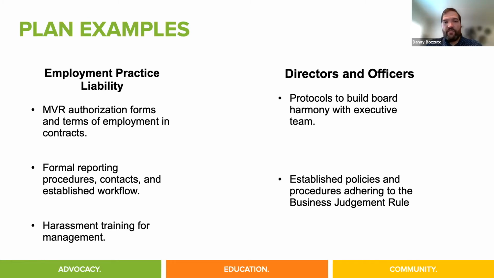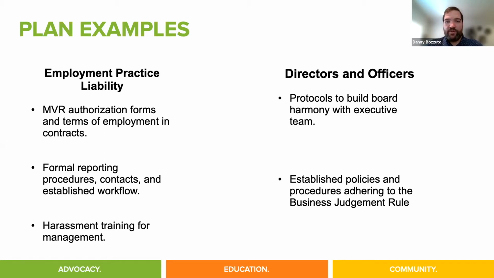On the directors and officers side, really what we stress, and I stress with my clients, is board harmony. And sometimes that can mean some tough decisions, but if you have a board that's working in harmony, there's a lot less likelihood of things like an insured versus an insured issue, where maybe one board member is filing a complaint, or you have an executive who's disgruntled.